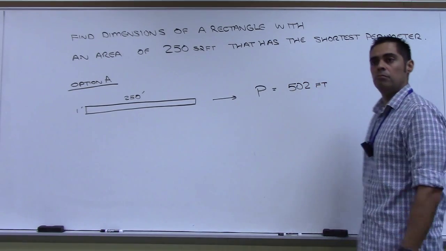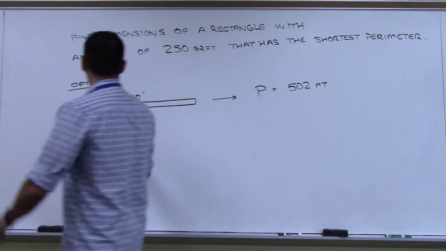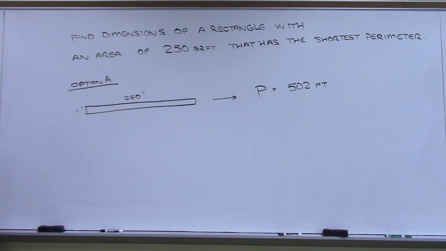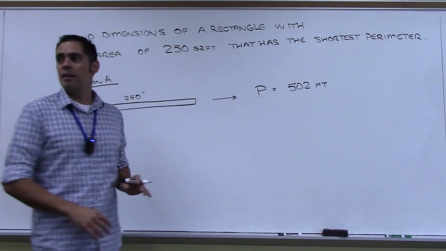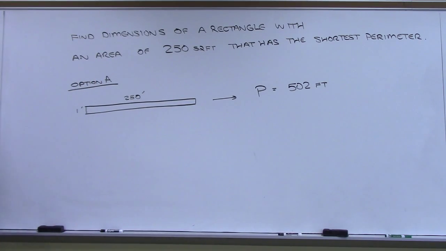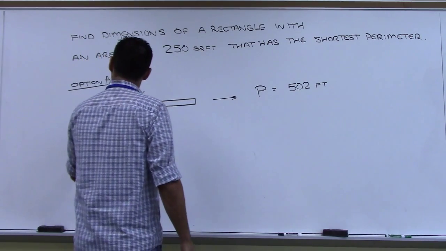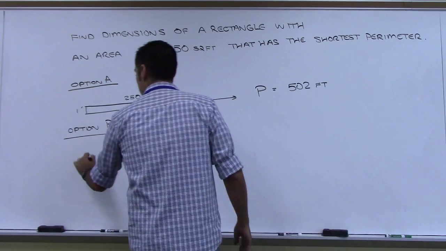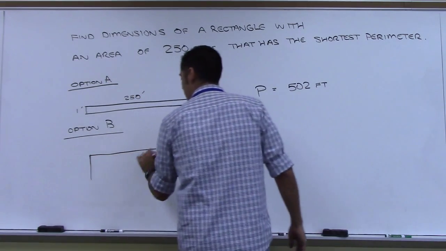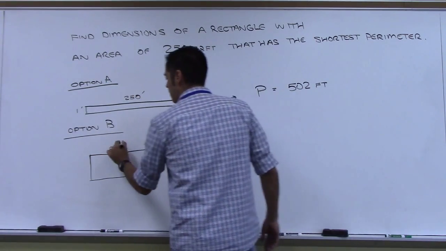Right? 250 plus 250 plus 1, so 502. There are some students that believe, rightfully so, that if I draw another rectangle with the same area, the perimeter will also be the same. But it's not the case, as we're about to see. Option B. How about I do a 10-foot by 25-foot?